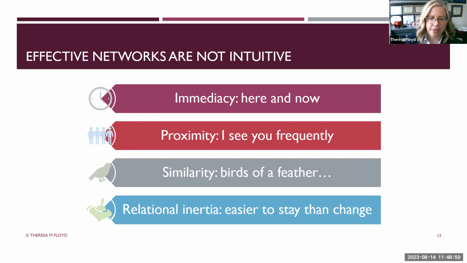And then we often find it easier to just stay with the network we have than to change it as necessary. And so you're fighting against all of these kind of comfortable biases that we all have. And what you're trying to do is fight against them and set goals that are going to help your network be different from the network that these biases produce.